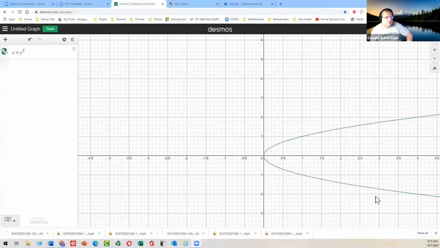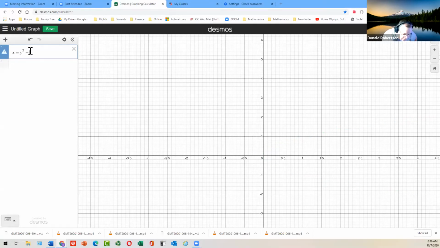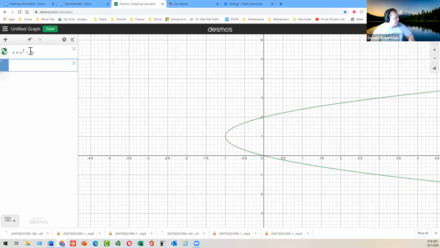And the software I'm going to use is called Desmos. So if you've ever used Desmos, are you looking at a Desmos screen? Right. So you go up here and you type in y squared take away 2y. And it looks like that.